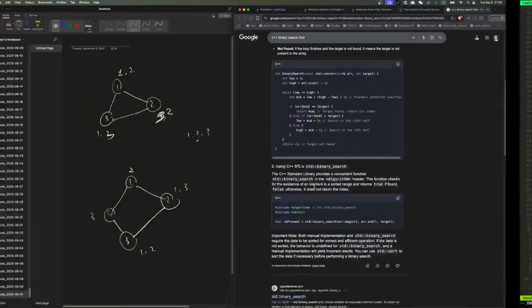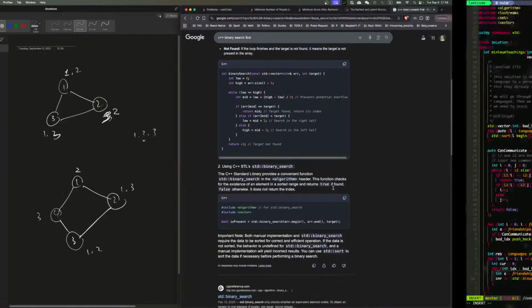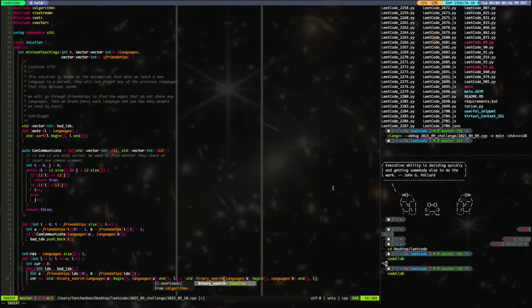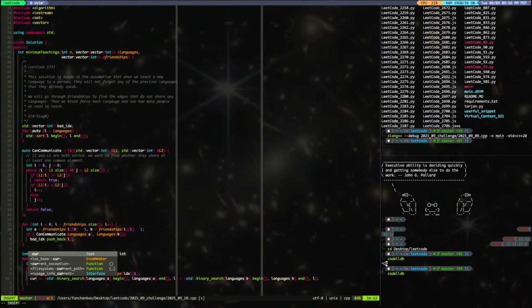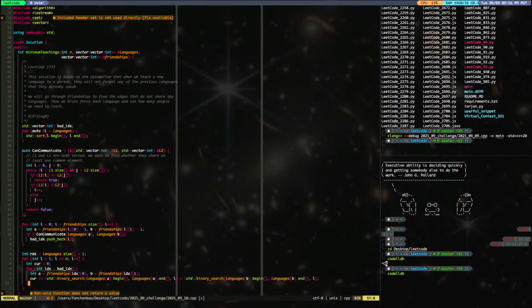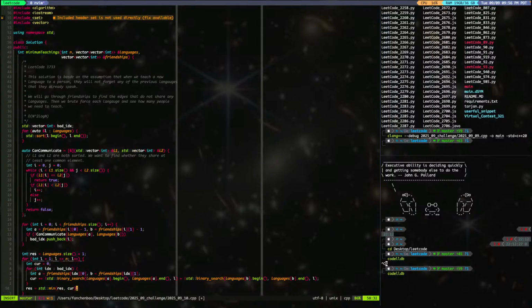How is it used? Oh, my bad, it's current. Alright, so at the end we'll say res equals minimum of res and current.